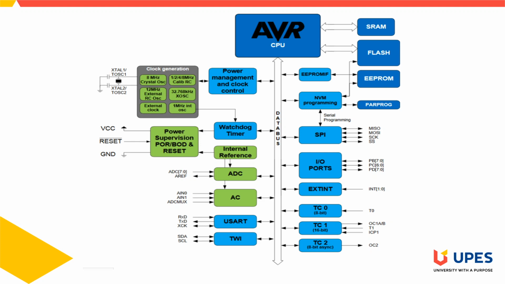In this diagram you can see that it has input output ports, then the SPI interface, three timers, SRAM, flash, and EEPROM. Then the power management and clock control circuit is there, the watchdog timer is there, then the analog to digital converter, then USART, and this is your power section. So this is a very simplified but powerful architecture if you talk about the AVR CPUs.